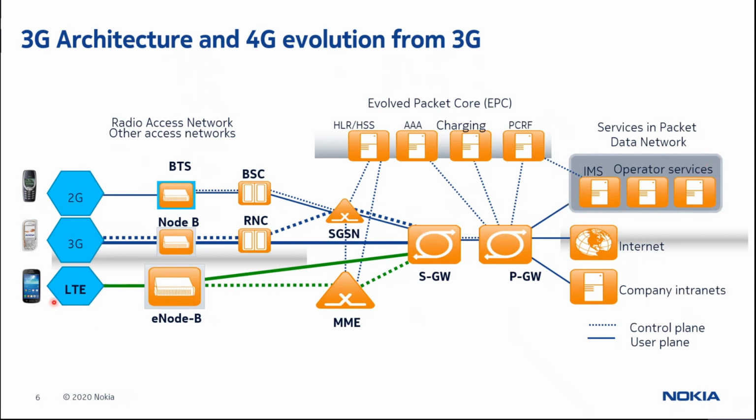But if you have established a browsing session, or a streaming, download, or some other packet data related session, your path, the solid line, will travel like this, either to the internet or to the other phone user. So the dotted line represents the control plane, and the user plane is represented with a solid line.